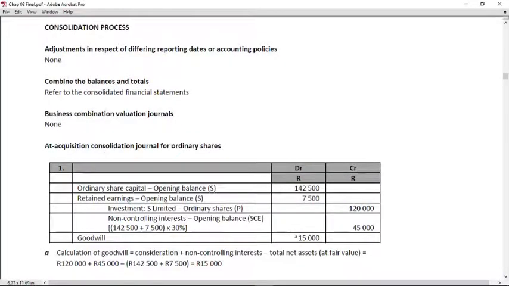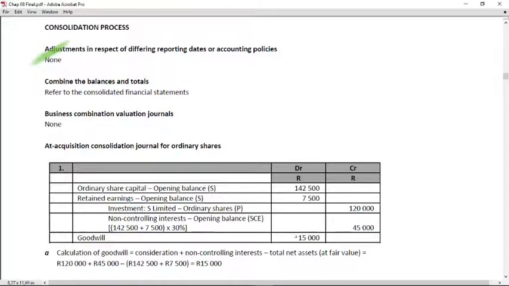If we follow the consolidation process, step 1 is to adjust anything that's necessary in respect of differing reporting dates or accounting policies, which is not necessary at this point because the accounting policies of the companies are identical and they have the same reporting date.